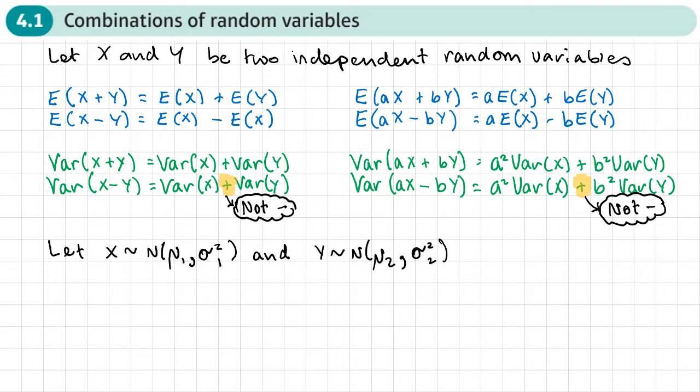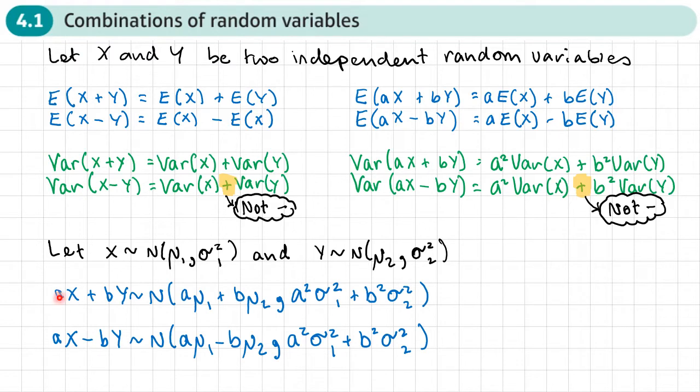Okay, so we're now going to extend these rules to the normal distribution. So we're going to say, let X be normally distributed with a mean of mu 1 and a variance of sigma 1 squared, and the same here, Y is going to be normally distributed with a different mean and variance.